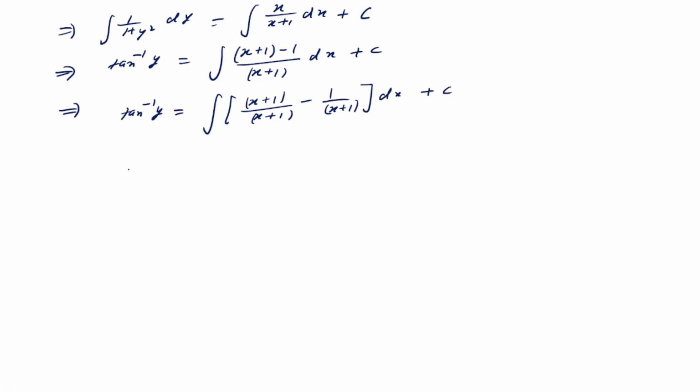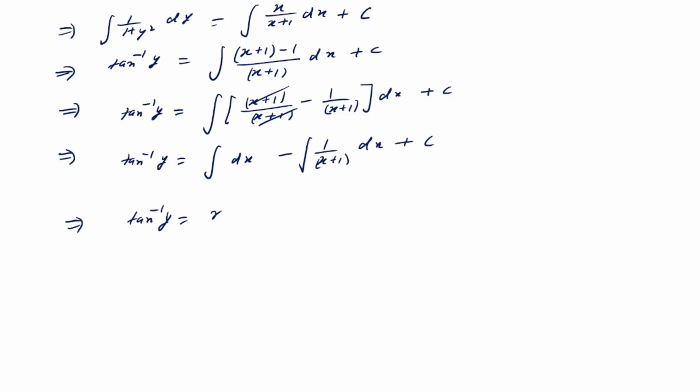This implies that tan inverse y is equal to integration of this will cancel, so what you have is only dx, and then minus integration of 1 upon (x plus 1) dx plus constant c. This implies that tan inverse y is equal to x minus log(1 plus x) plus constant c. So this is your final answer for this question.